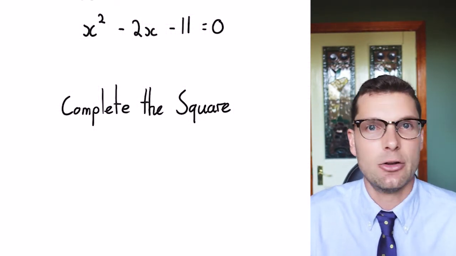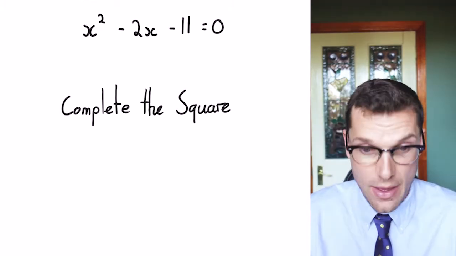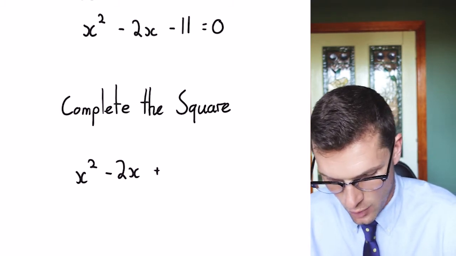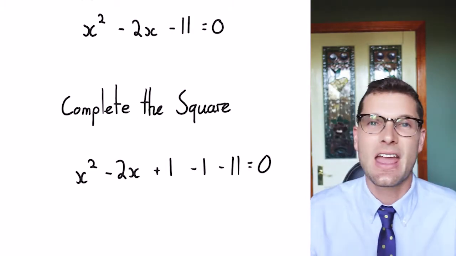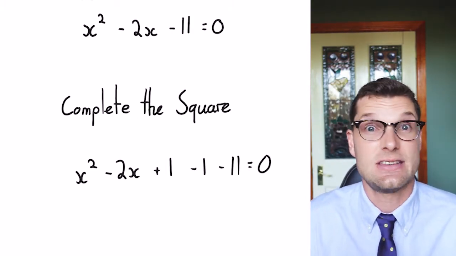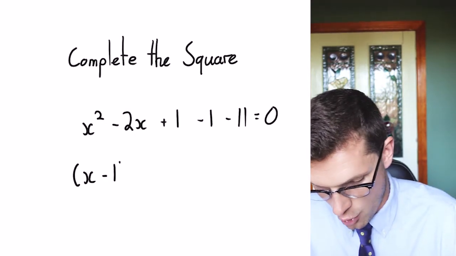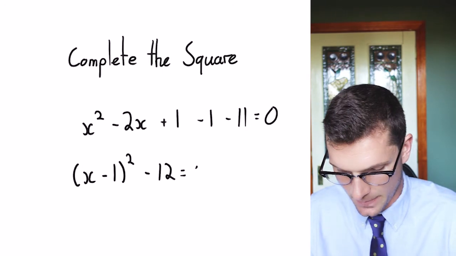So we've got to half the middle term and square that and add and take it away immediately. So that becomes x squared minus 2x plus 1 minus 1 minus 11 is equal to 0. That first half of the equation is now a perfect square. So that becomes x minus 1 all squared minus 12 is equal to 0.